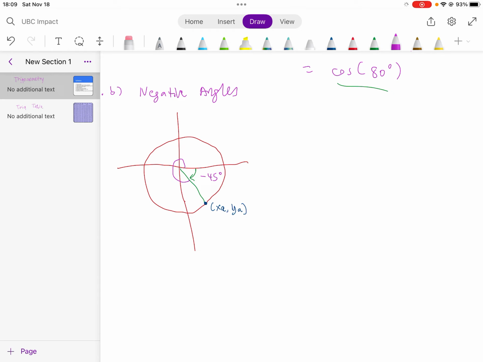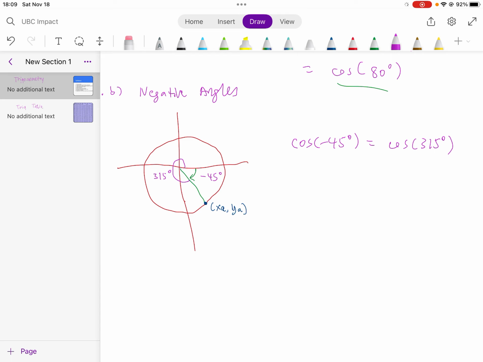And this here would, of course, be 360 minus 45 degrees, which is 315 degrees. You will get the same XA and YA. So that means the cosine of negative 45 degrees is equal to the cosine of 315 degrees. And that works for the other two ratios as well. I'm just using cosine as an example.